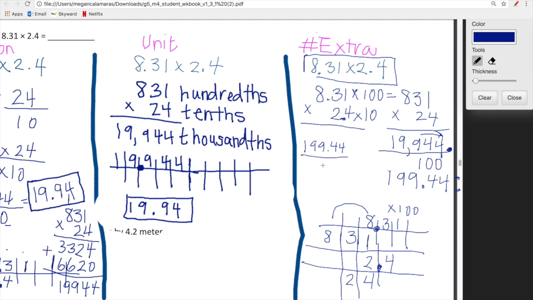When we divide 199.44 by 10, the digits are going to shift to the right one more time, just one place value because there's only 1 zero in 10, and the digits are then going to fall into this really nice number, 19.94. It's a really nice number because it's the same as this one and that one.